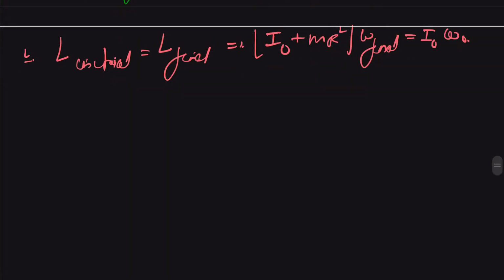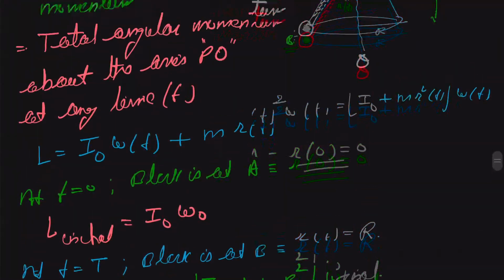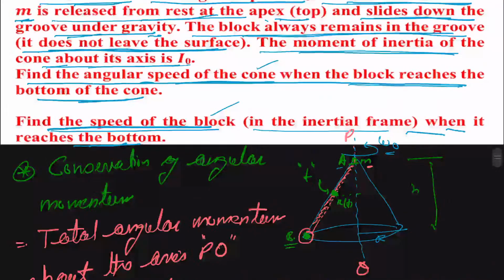Therefore omega final will be equal to I naught divided by I naught plus m r square, multiplied by omega naught. So this is the angular velocity of our cone when the block is at the bottom. So this is our part A.